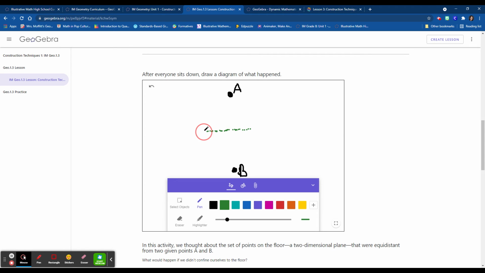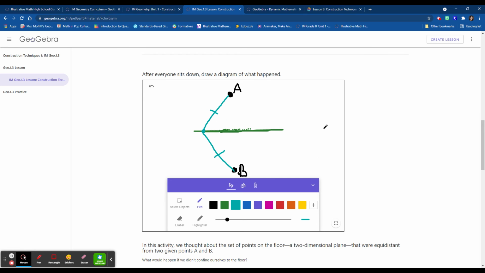So when we're looking at what happened here, we can represent all the people standing here with a line because they were standing in a single file line. And any person that I picked out, if we measured their distance from A and B, from the front smartboard to the back whiteboard, then those distances were the same.